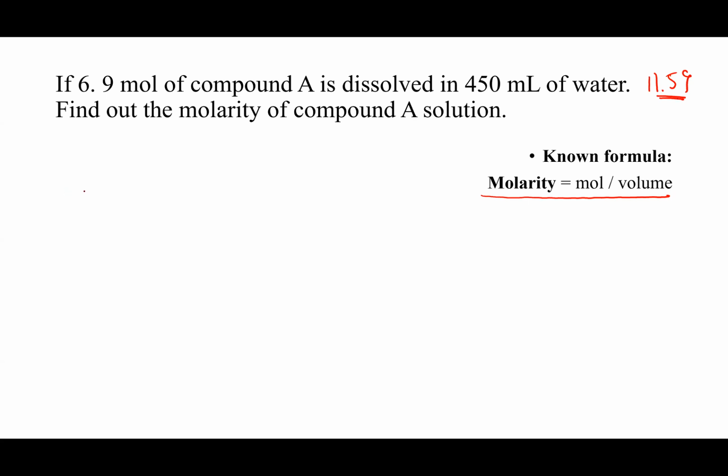Molarity means the formula says mole over volume. What is the number of mole do we have? So yes, we have the number of mole. What do we have else? We have the volume. It means whatever we have as a part of the question is on the right side of this equation.